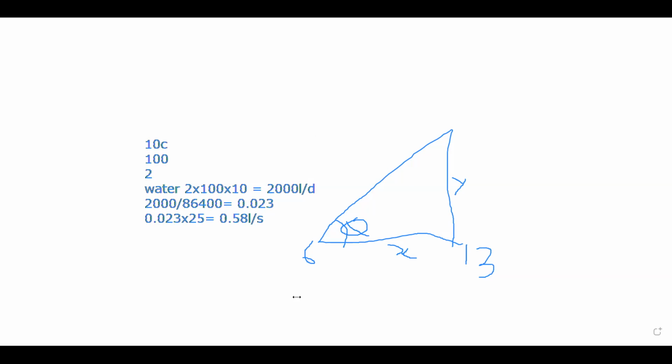So the slope is the vertical difference divided by the horizontal difference. The vertical difference is the elevation height. What is the elevation height of this place? And what is the elevation height of this place?